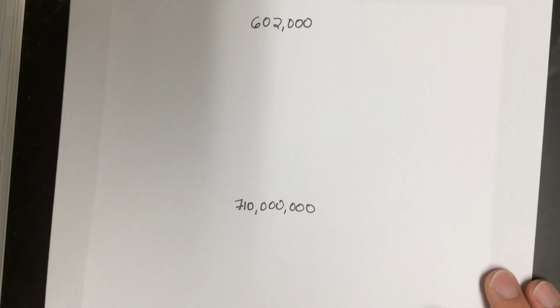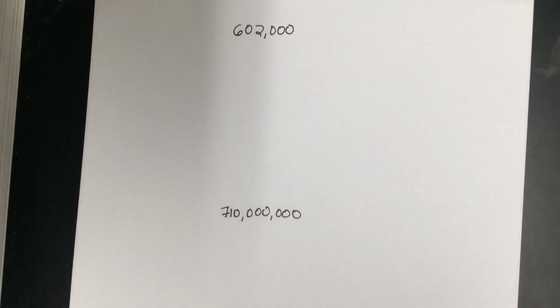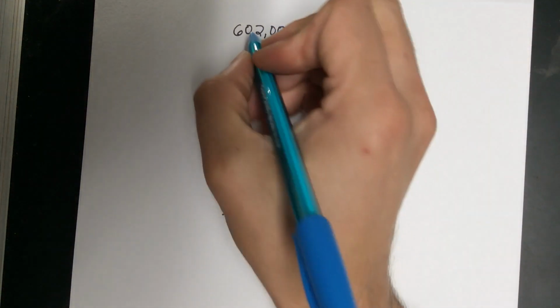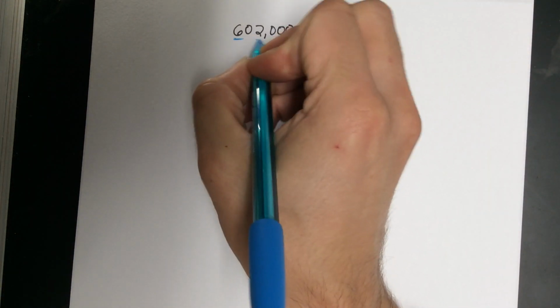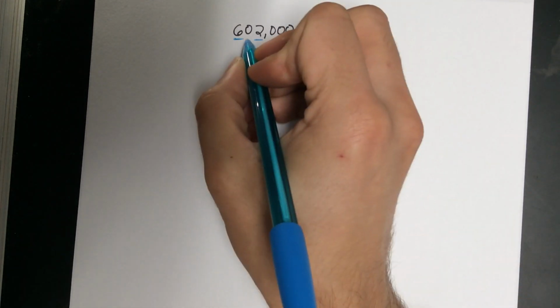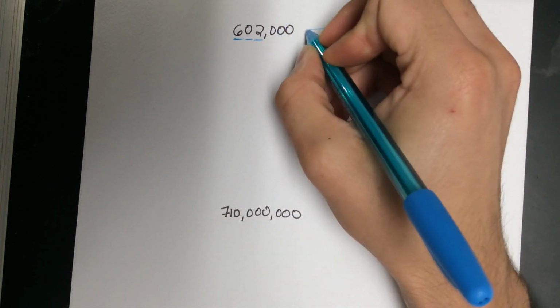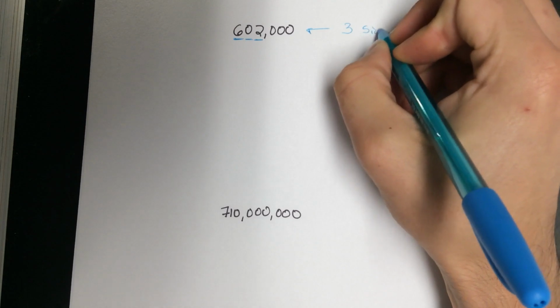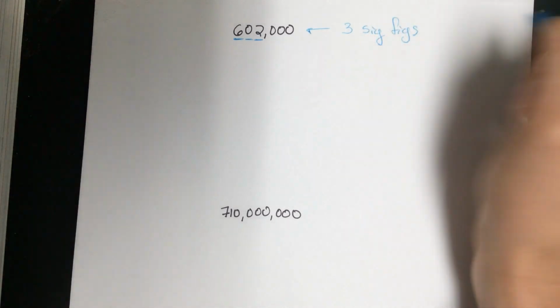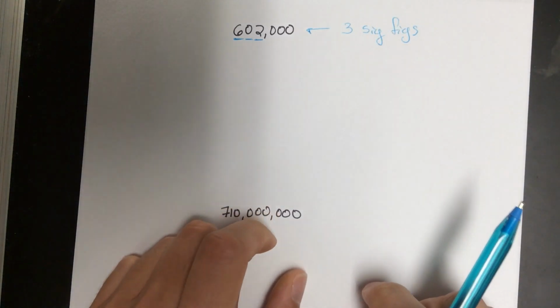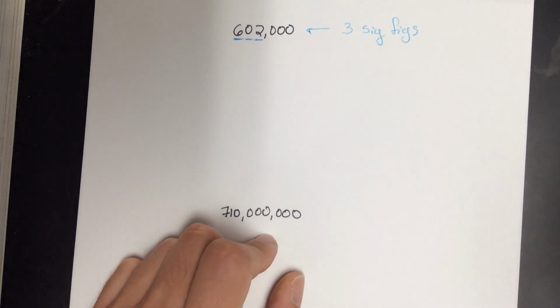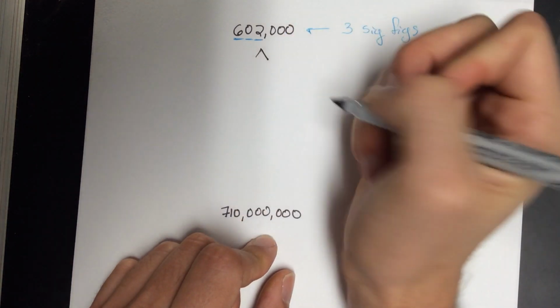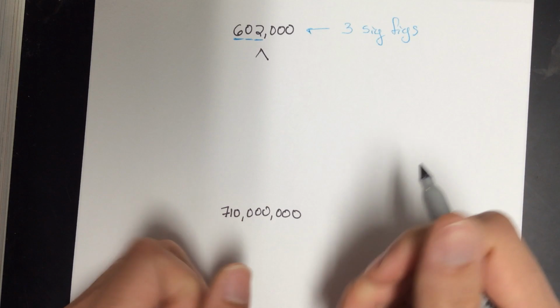Here we have 602,000. And in this case, the significant figures are the 6, the 2, and the 0 trapped between them. So we have 3 significant figures. And I want to factor them out of this number. And when I do so, I want to make sure that I factor them out as a number between 1 and 10.